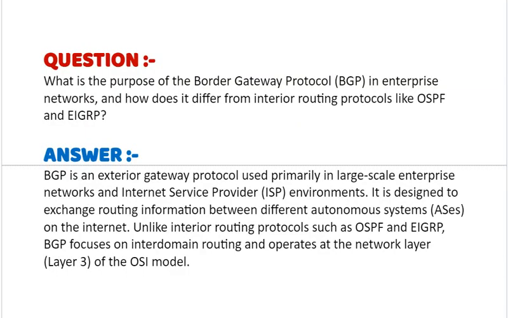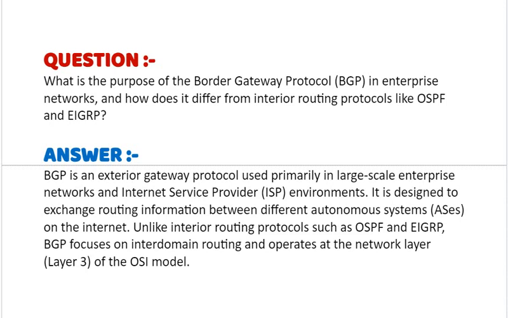Our interview question based on Enterprise Advanced Routing and Services is: what is the purpose of the Border Gateway Protocol (BGP) in enterprise networks, and how does it differ from interior routing protocols like OSPF and EIGRP? Your answer should be: BGP is an exterior gateway protocol used primarily in large-scale enterprise networks and Internet Service Provider (ISP) environments.